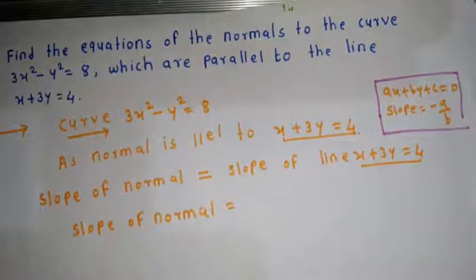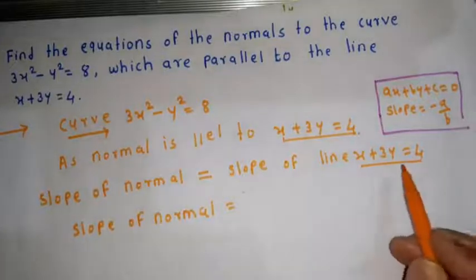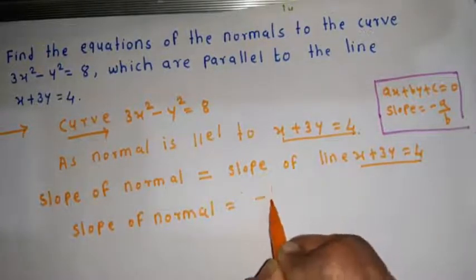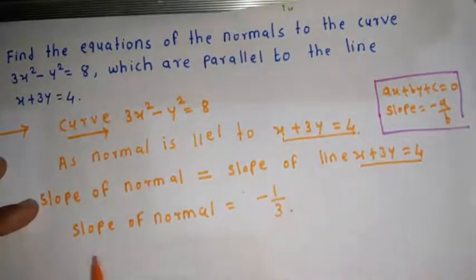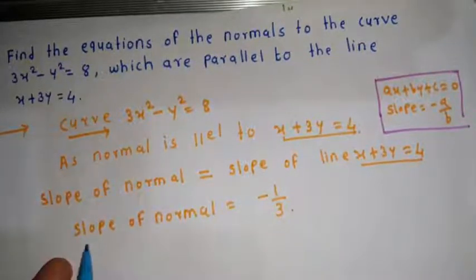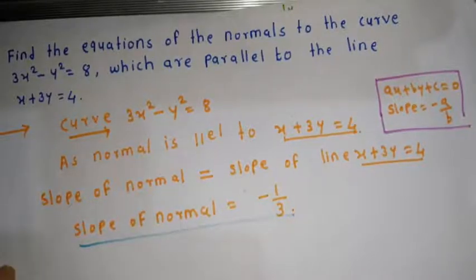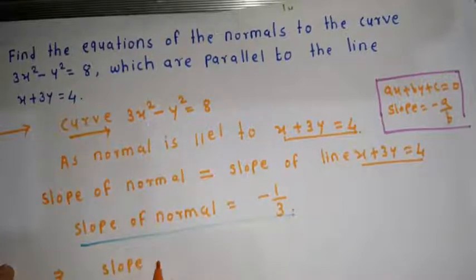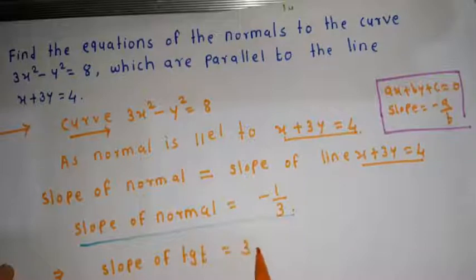Therefore the slope of x plus 3y equal to 4 is minus 1 upon 3. If the slope of normal is minus 1 upon 3, this implies slope of tangent equal to 3.